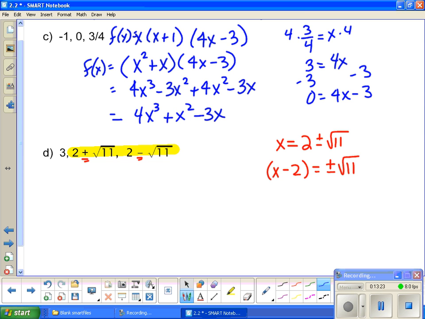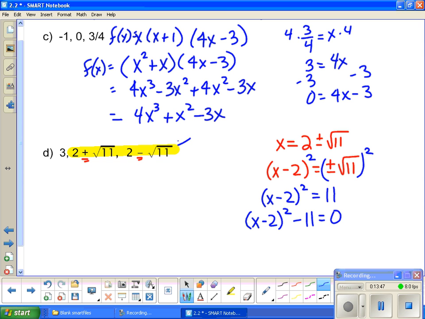Now, to get rid of the square root, I'm going to square both sides. So I'm just kind of working over here now. So x minus 2 quantity squared equals 11. I want that equal to 0. Okay, because that's my 0, right?